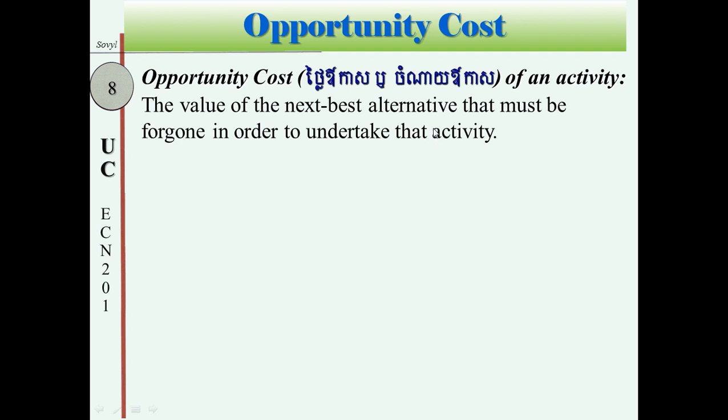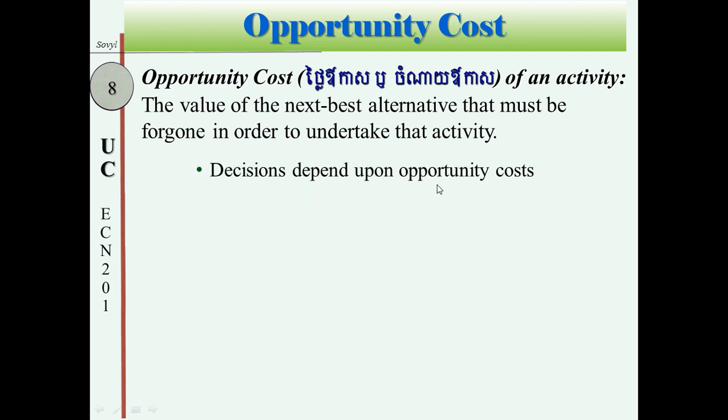If you take A, because of scarcity, you cannot take B. That's why B must be gone. If B is gone, the value of B is also gone. So the value of the next best is the opportunity cost of this action.